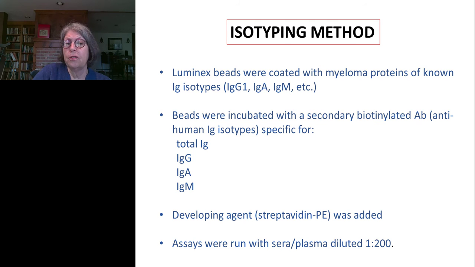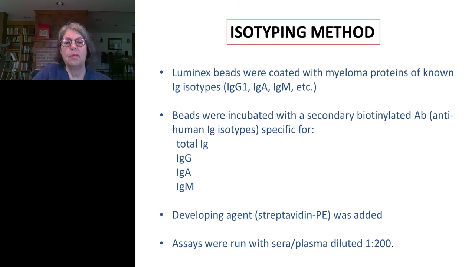So here, only for these control experiments, we coated beads with myeloma proteins of IgG1 or IgA or IgM, etc. And then these beads were incubated with the various secondary biotinylated antibodies that we bought from various companies that were labeled as being specific for total Ig or for the IgG subclass or the IgA subclass or the IgM. And then we developed them as we normally did with the streptavidin.